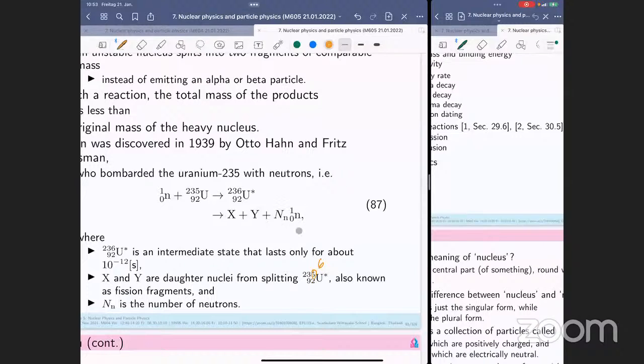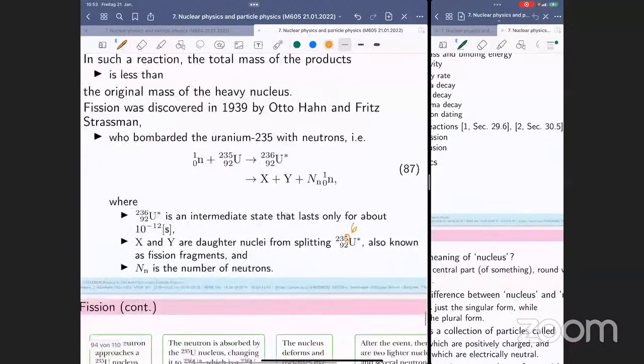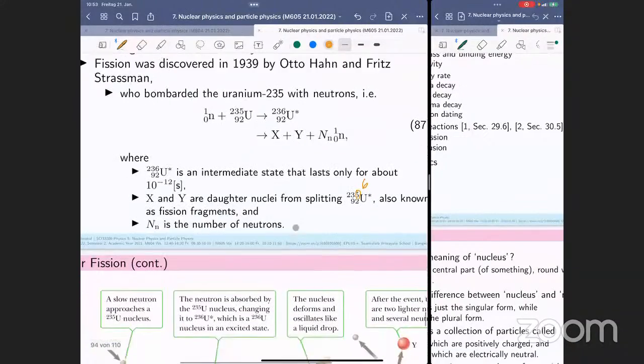And one more is the number of neutrons. Neutron is n, 1, 0, right? And n means the number of neutrons that emerge from this process. n could be any integer: 1, 2, 3, 4, 5, 6. This n here is the number of neutrons.